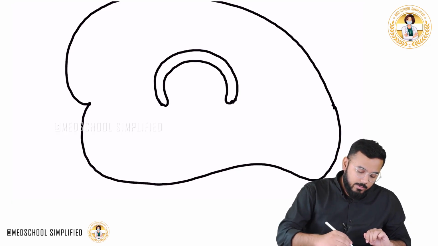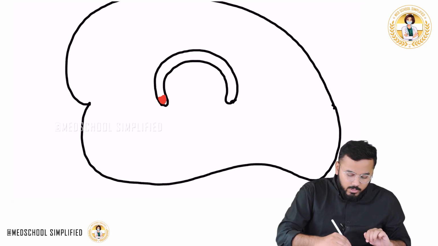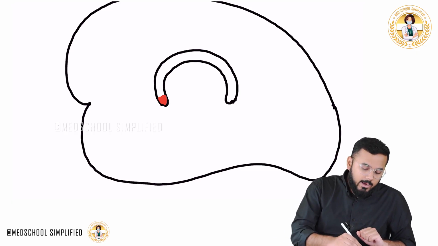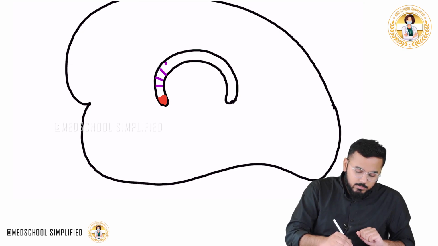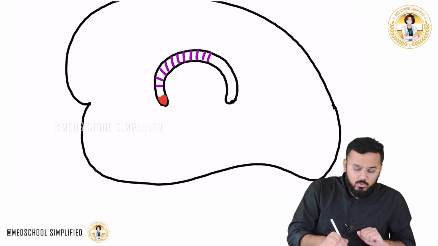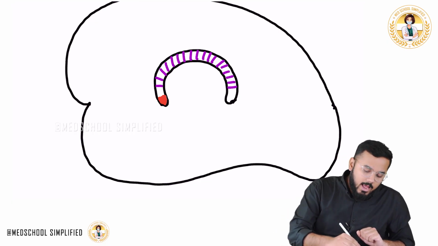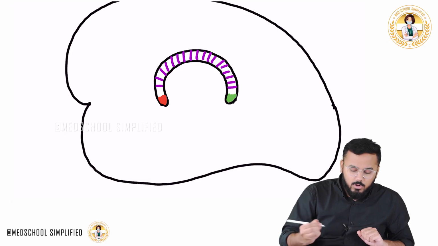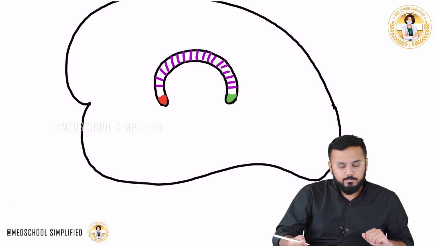Let us revise all the parts. This red color part, whatever I have drawn over here, is called the genu, I told you. After this genu, this structure which I am drawing right now is called your trunk. And the last important part over here is called your splenium, the green one.